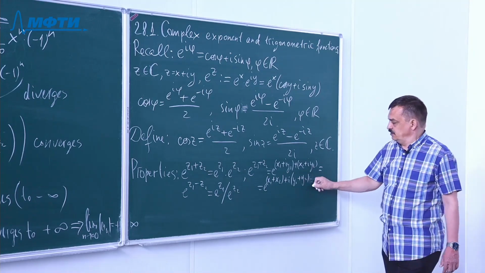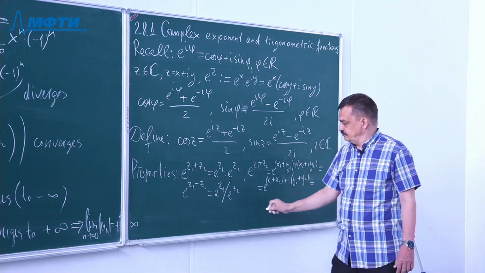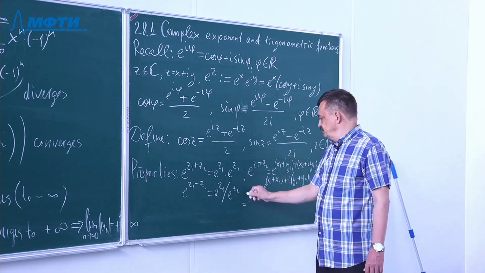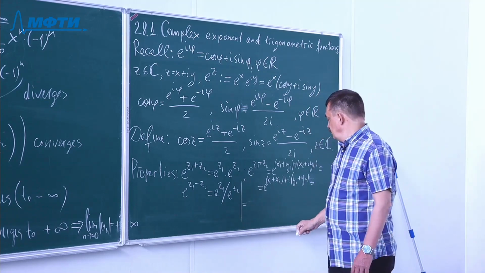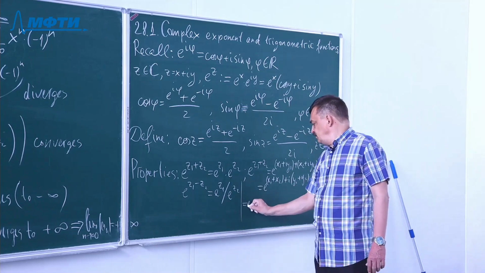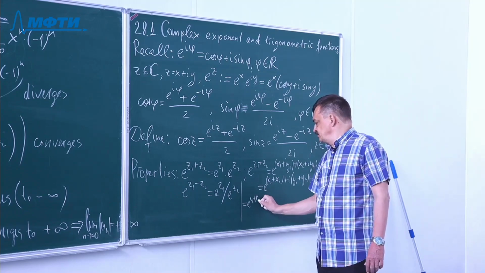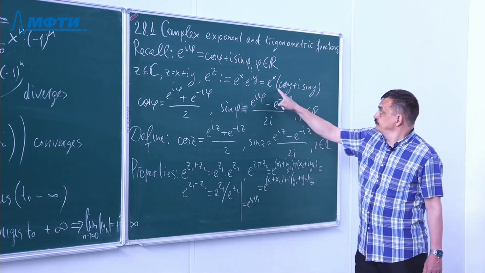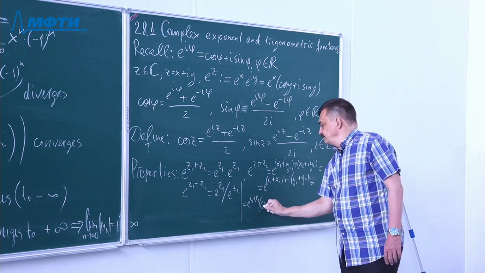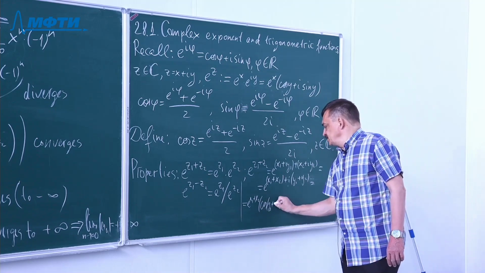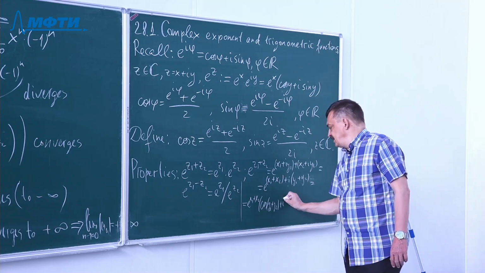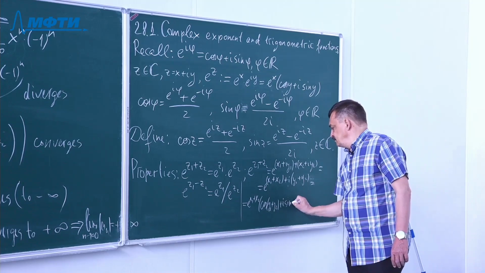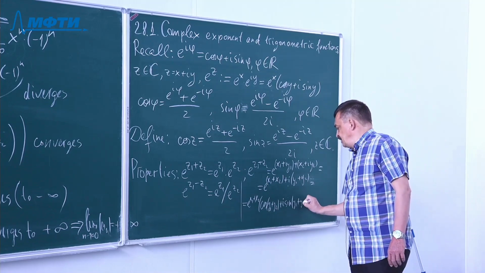And using the definition, we can rewrite as e to the power x1 plus x2 times cosine y1 plus y2 plus i times sine y1 plus y2.